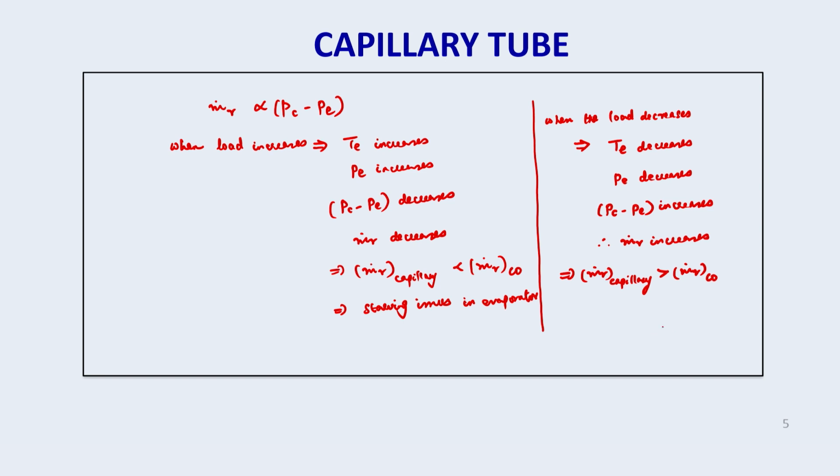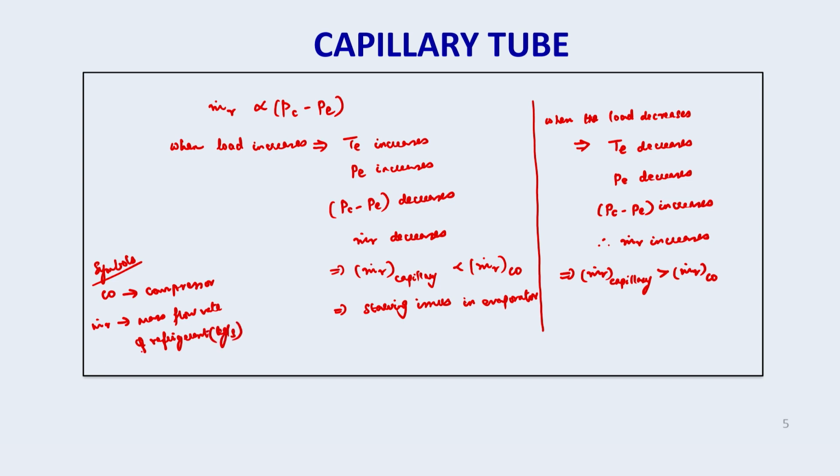So let us write this one. Let me write in this corner the symbols. CO means compressor. M dot R means mass flow rate of refrigerant, in kg per second.